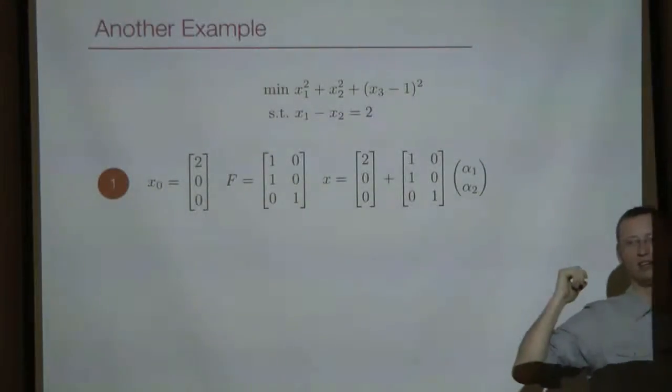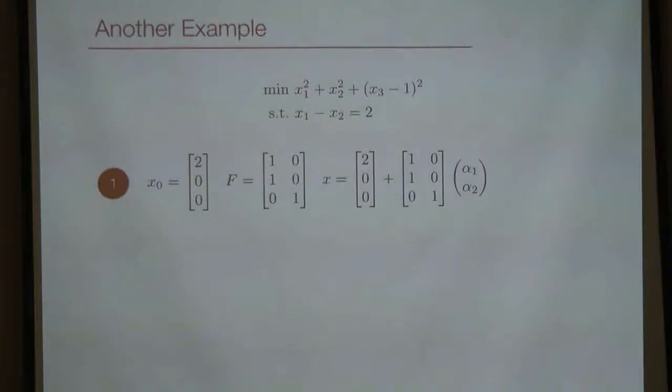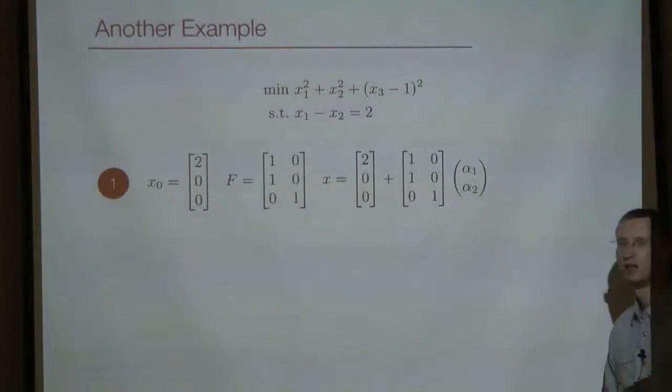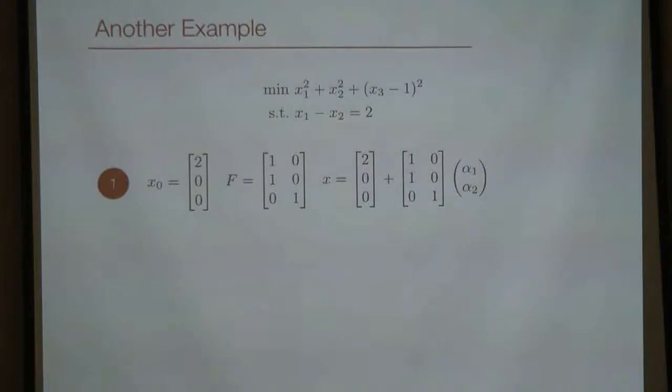In the previous case, the null space was just 1 column, therefore it was just 1 alpha. Here we have 2 columns, therefore we have 2 alphas that we need to solve for. So what do we do then? How do we transform the original optimization problem now? Tell me, which problem would you solve if you would be facing this issue?